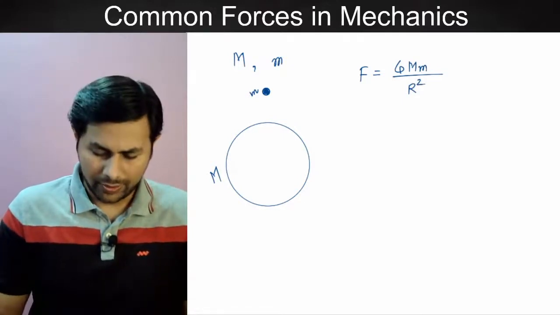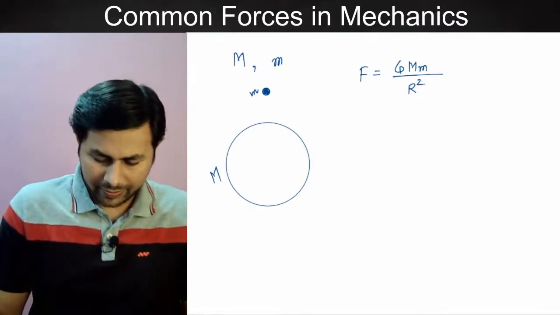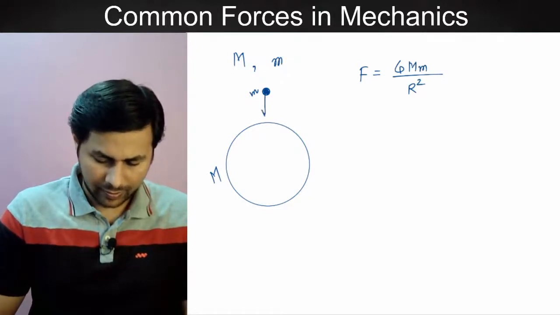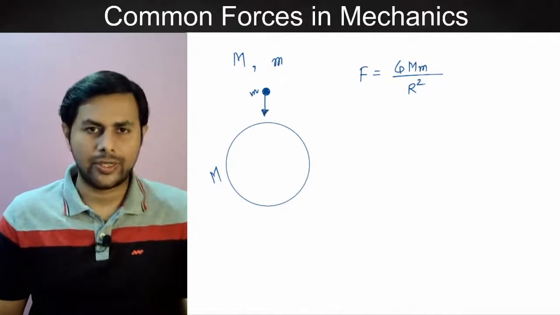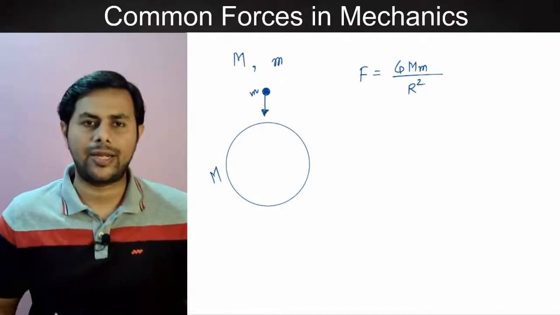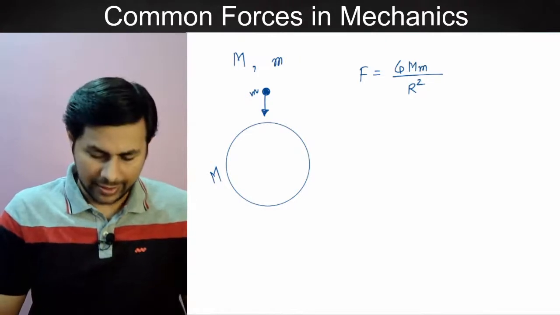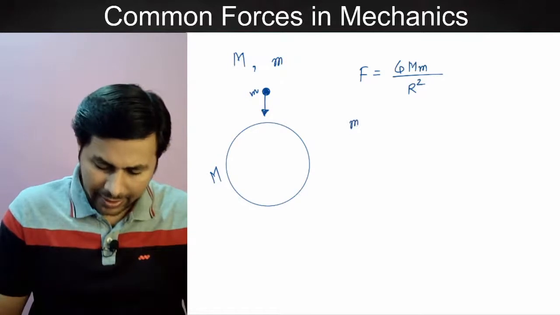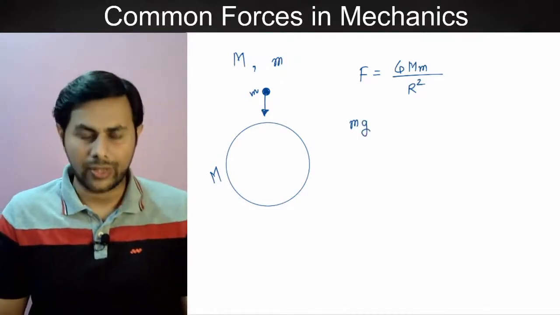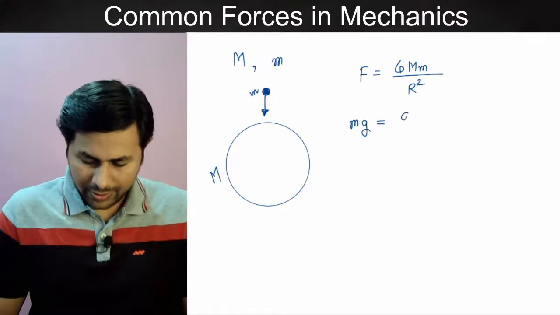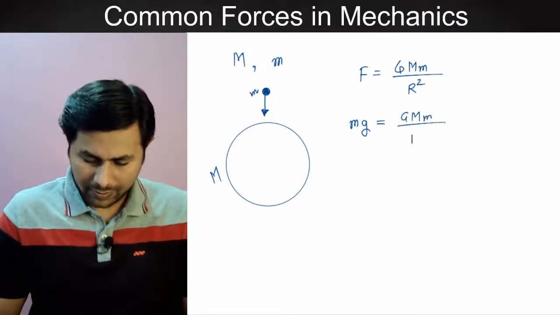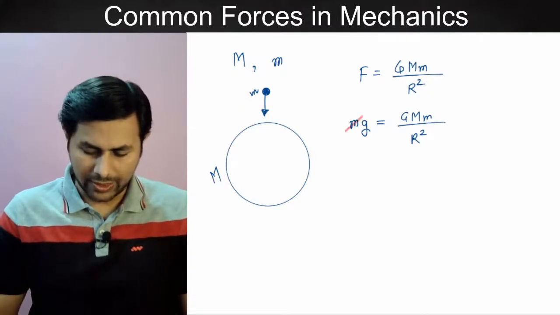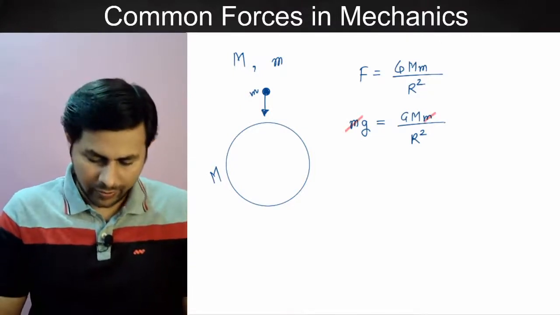Okay. So now we can write this as the force acting on this mass is equal to what? This m multiplied by its acceleration, and acceleration is due to this gravitational force, so I can write this as m times g. So here, if you cancel out this m and m, what do you get?